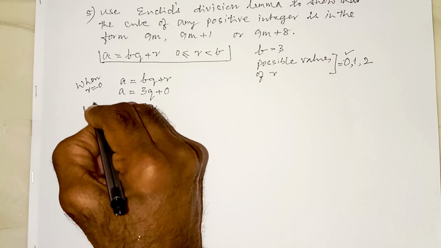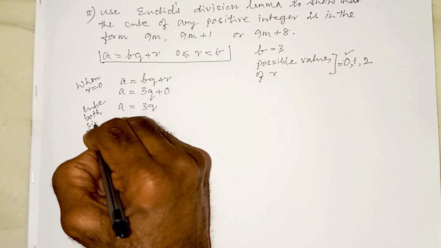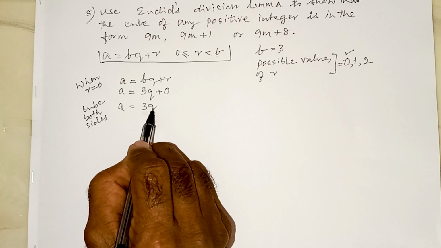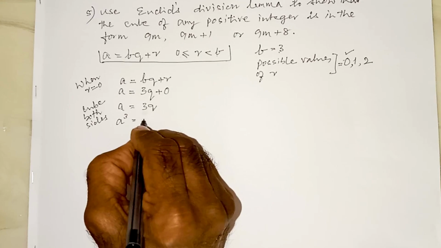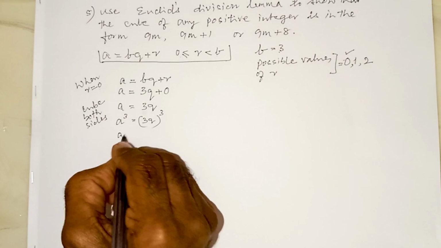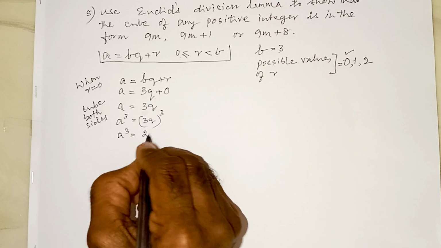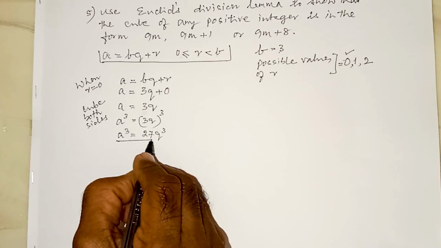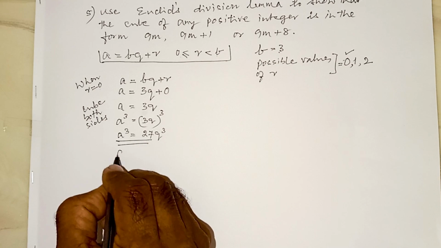Now we have to cube both sides. Both sides means LHS and RHS. When you cube this, this becomes A cube and this becomes 3Q whole cube, which will be equal to A cube, 3 3s are 9, 9 3s are 27, Q whole cube. This is the first case. Here we can go further.